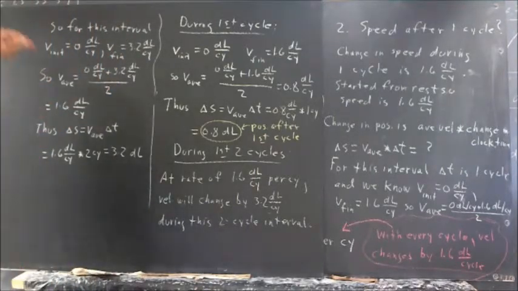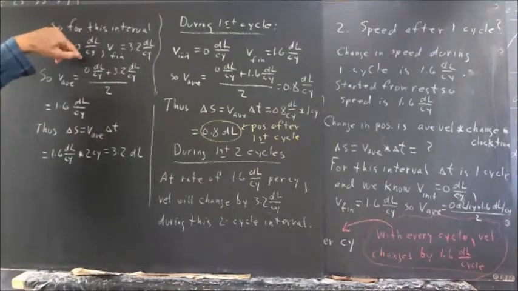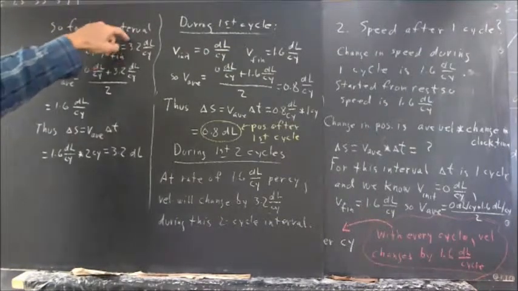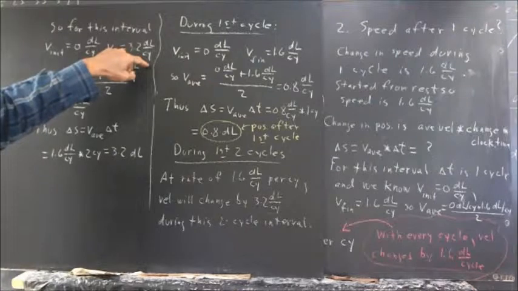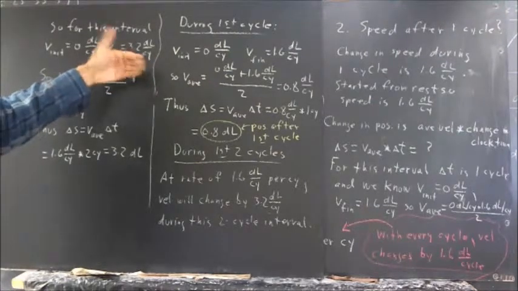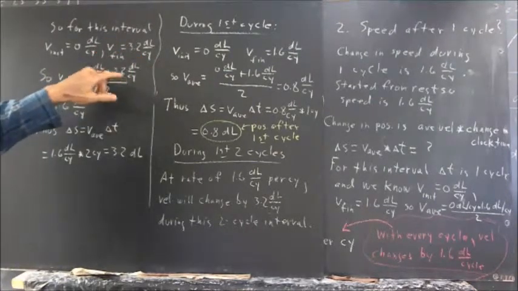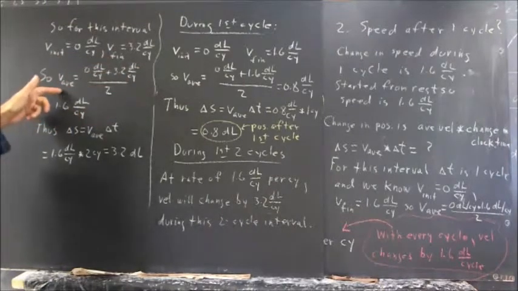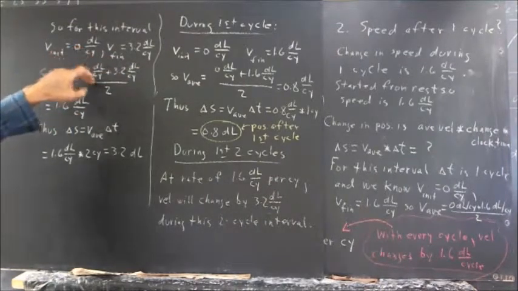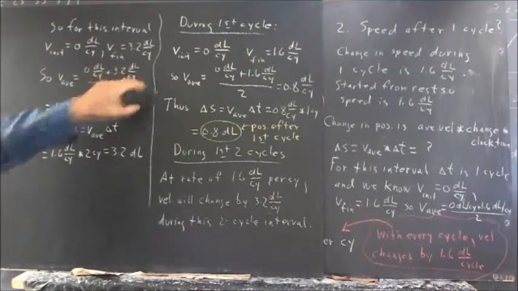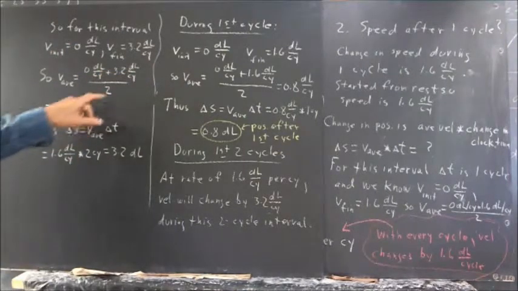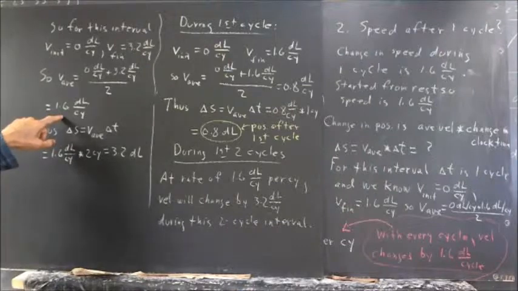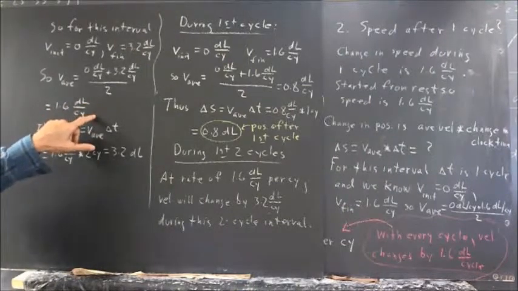So for this interval, your initial velocity would be 0 domino lengths per cycle. Final would be 3.2 domino lengths per cycle. Now you want to find out how far we move during the cycle. You find the average velocity. Knowing the initial and the final, you can find the average. That's going to be 0 plus your final 3.2 domino lengths per cycle divided by 2, which gives you an average of 1.6 domino lengths per cycle.